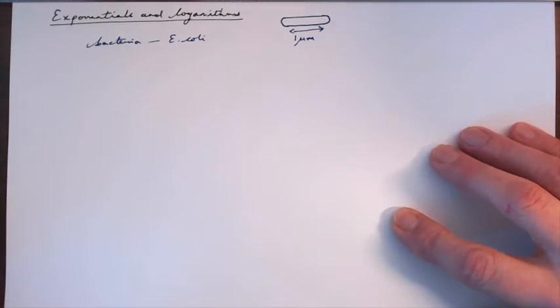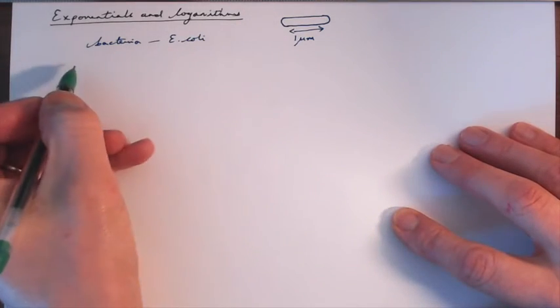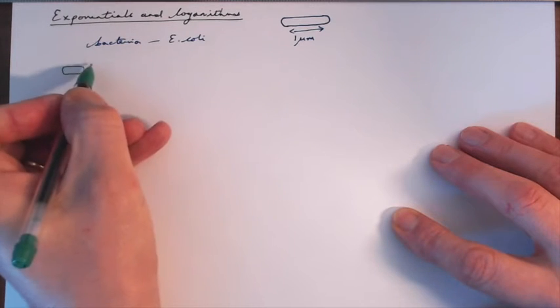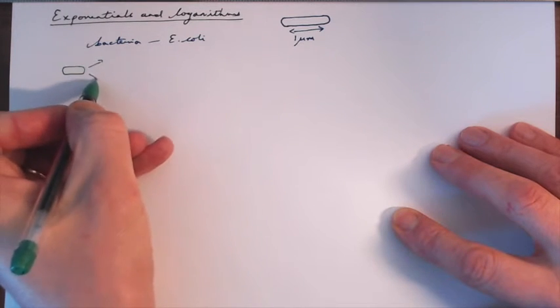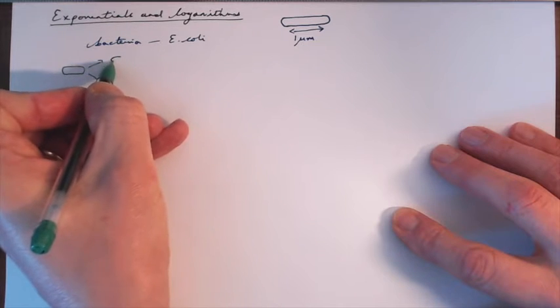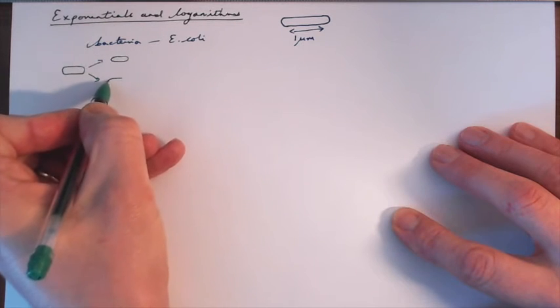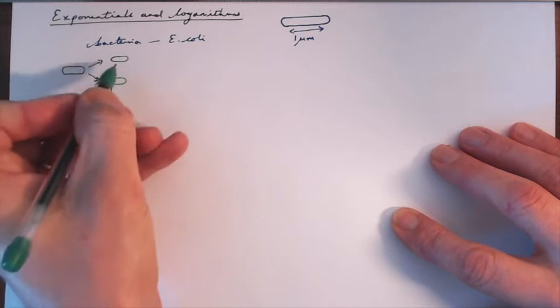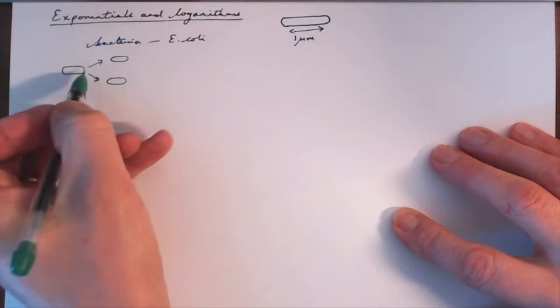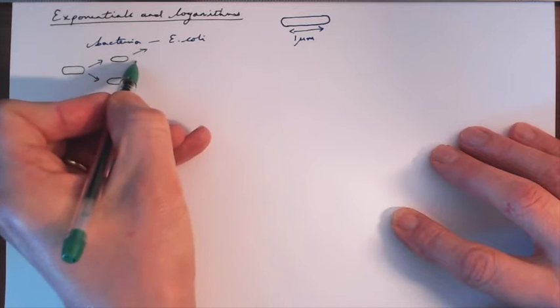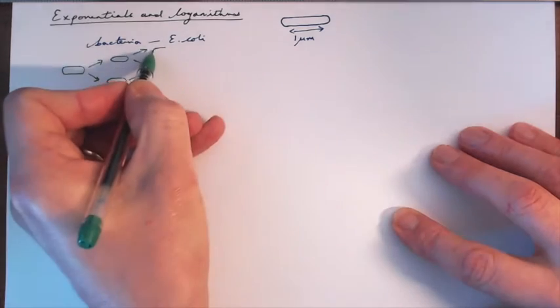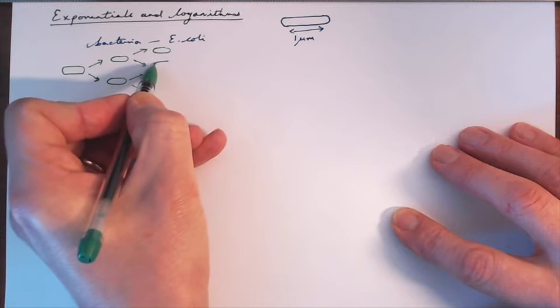So you would have essentially an original bacteria growing, and then after a certain amount of time dividing into two, and then these daughter cells will also grow if there's sufficient nutrients, and after that same amount of time they will also divide into two. And so what you can see here is that we have doublings.